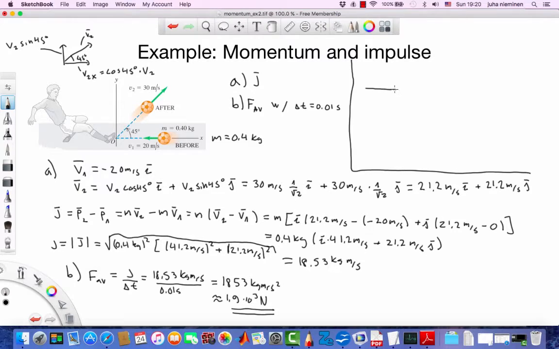We had impulse in the x direction and in the y direction, so then we are able to calculate the direction of the actual impulse from this angle alpha. So we get tangent alpha is jy divided by jx, and hence alpha is the inverse tangent of that ratio.